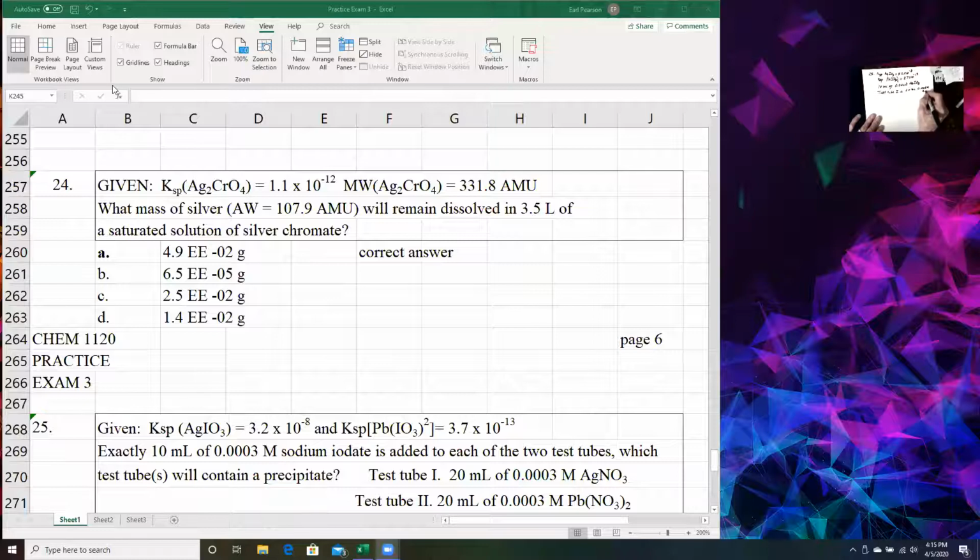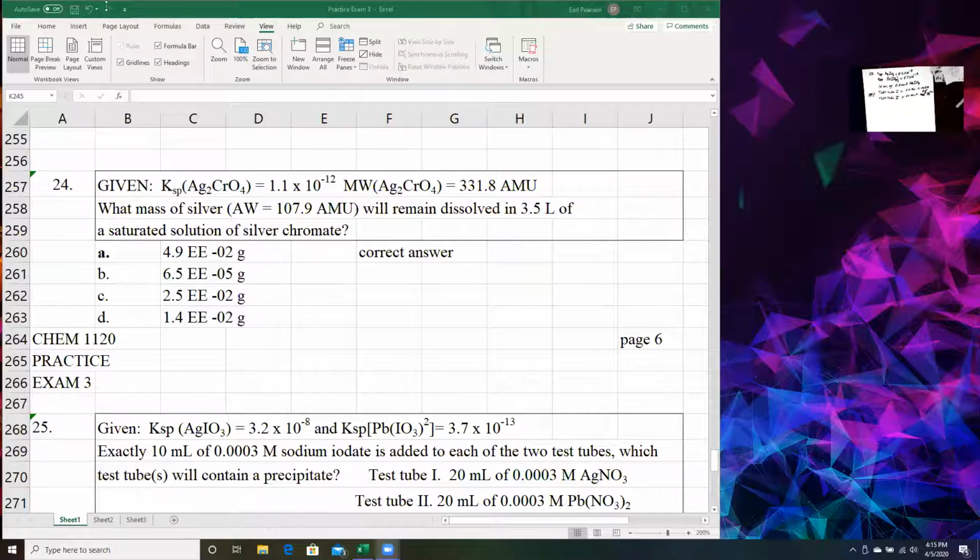So all I'm interested in is the Ag+. Test tube number 2 is 20 milliliters of 0.003 Pb2+. Okay, so that's got all my data, and we want to know, will we have a precipitate in either one of these test tubes?